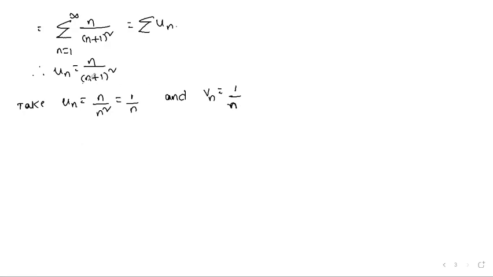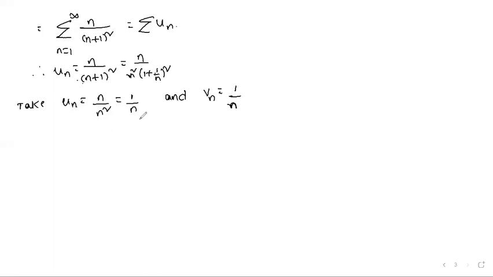We can take common n square, so it can be written as 1 plus 1 by n square, so n cancels, finally 1 by n is there, that is vn.